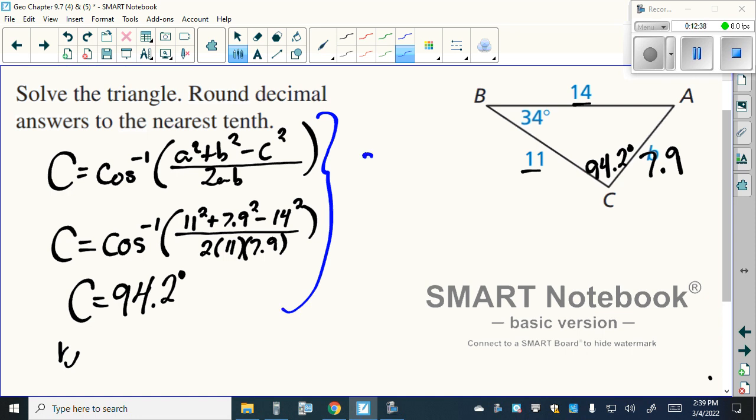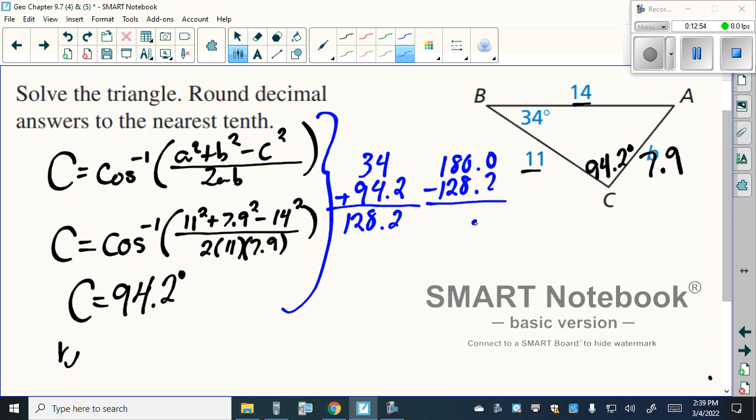But I think it'd be a little easier to take 34 plus 94.2, add those together, and get 128.2, and subtract 128.2 from 180. I believe we get 51.8 degrees. And that's all we have to do for this.